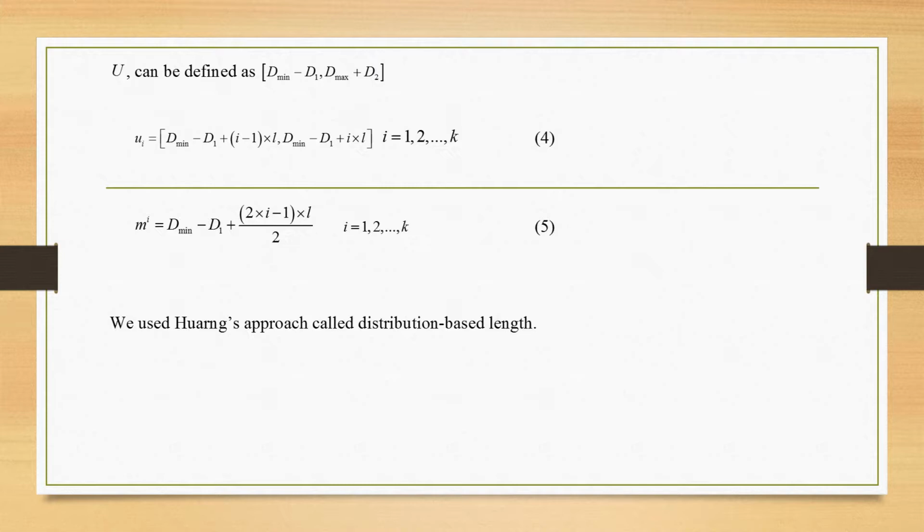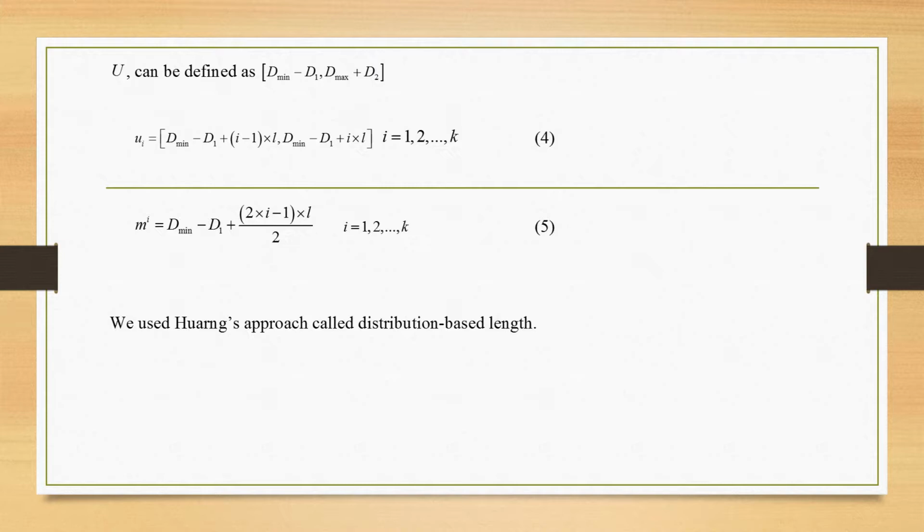Ui can be shown as equation 4. Its corresponding midpoint is equation 5. Define the linguistic values of the fuzzy sets. Let A1, A2, A3 and so on be linguistic values and label all the fuzzy sets by possible linguistic values U1, U2, U3 and so on.